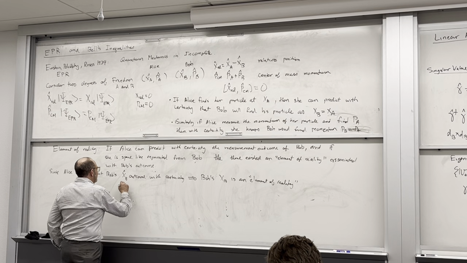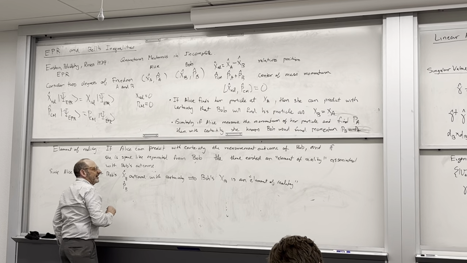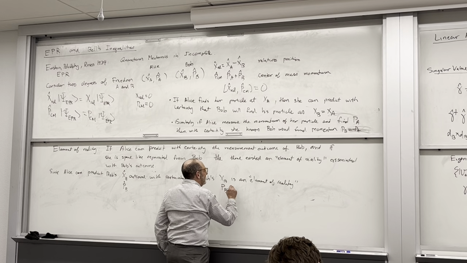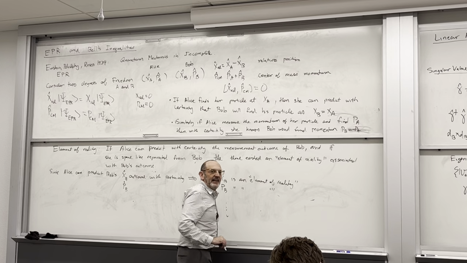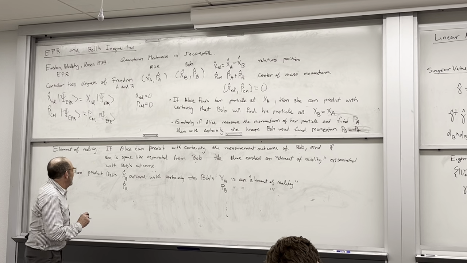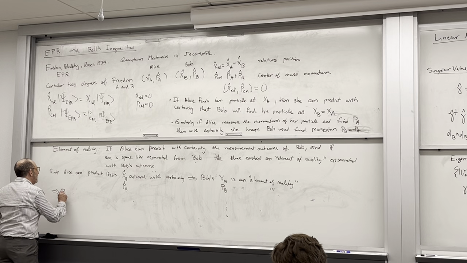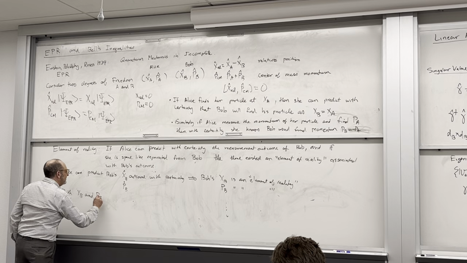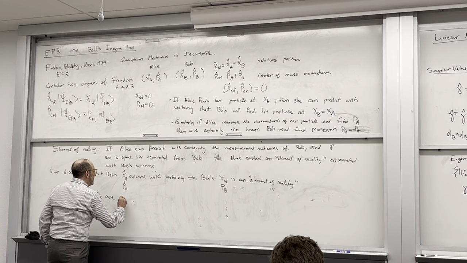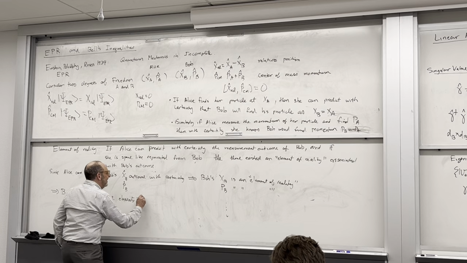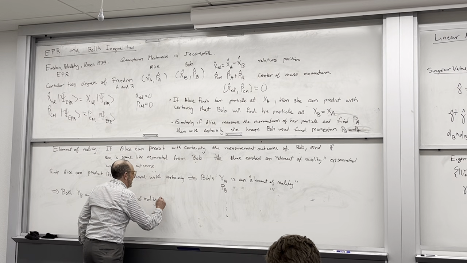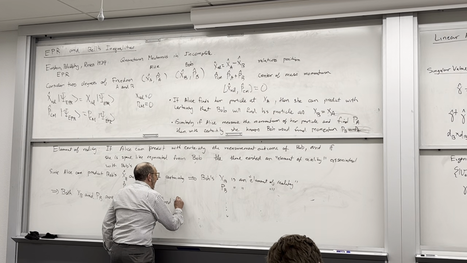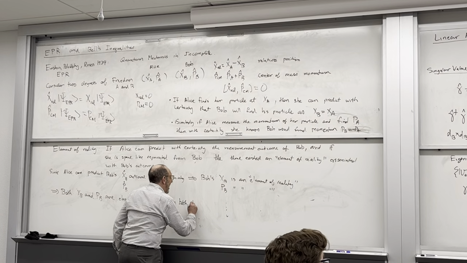And similarly, since she can predict his PB, then his PB is an element of reality. This implies both XB and PB are elements of reality, and both have definite values.